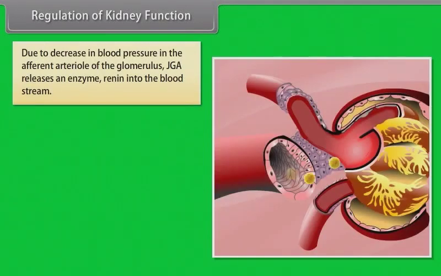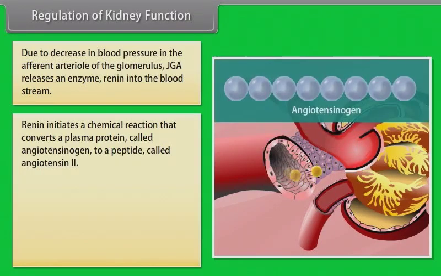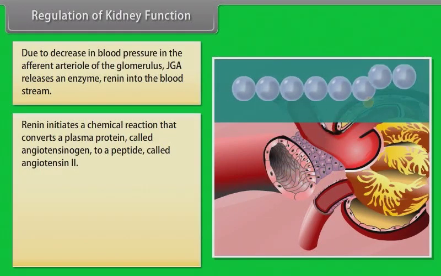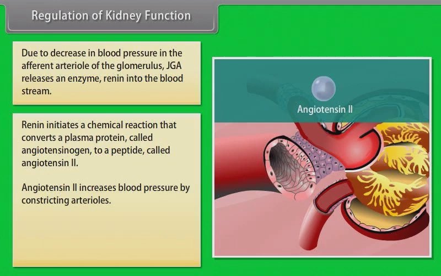Due to a decrease in blood pressure in the afferent arteriole of the glomerulus, the JGA releases an enzyme, renin, into the bloodstream. Renin initiates a chemical reaction that converts a plasma protein called angiotensinogen to a peptide called angiotensin II. Angiotensin II increases blood pressure by constricting arterioles.